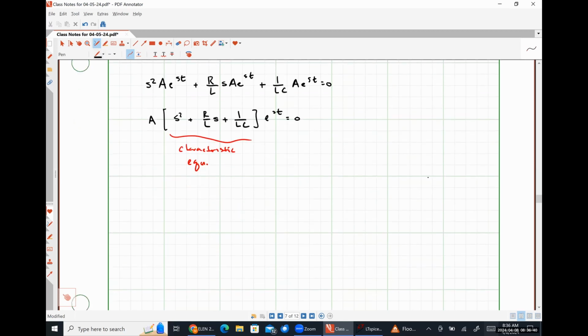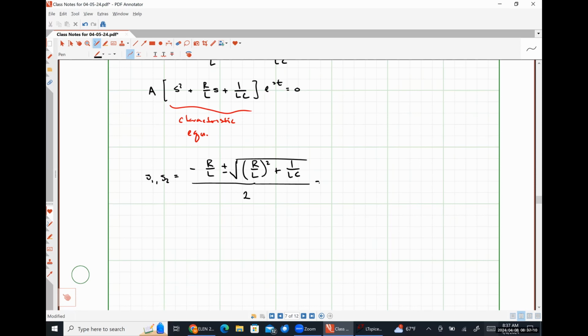So using the quadratic equation, we can say that s1 and s2 will be equal to negative R over L plus or minus the square root of R over L squared minus 4 over LC, all divided by 2, which if we move that factor of 2 from the denominator up into the numerator, negative R over 2L plus or minus the square root of R over 2L squared minus 1 over root LC squared.